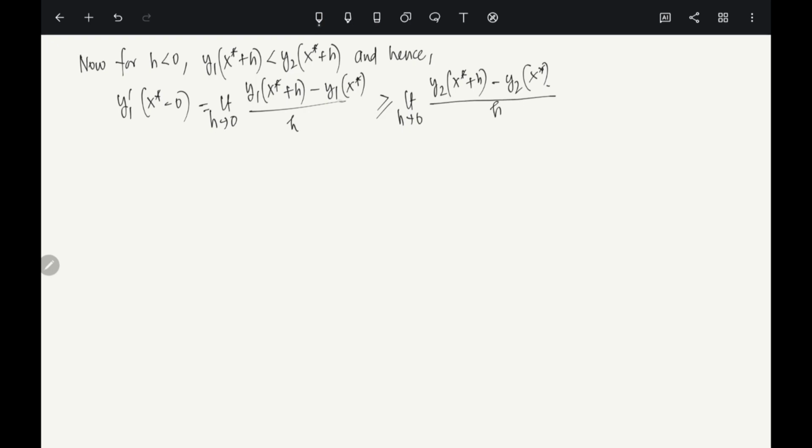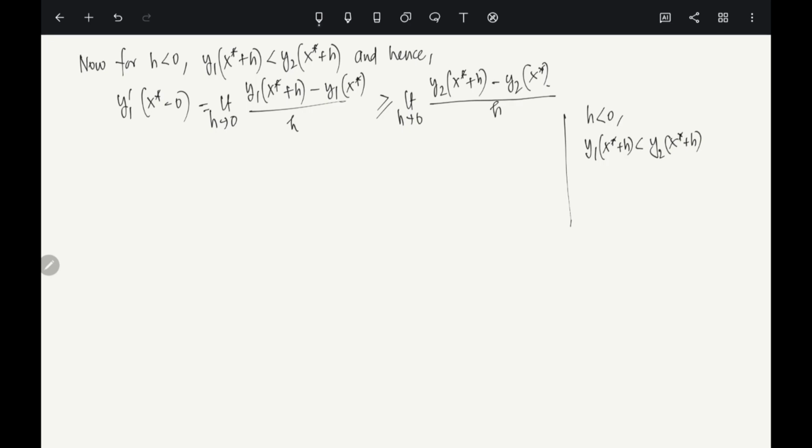Let's just understand that. See, at x star y1 and y2 are basically the same, so nothing happens here. For h negative, y1 of x star plus h is dominated by y2 of x star plus h, right?